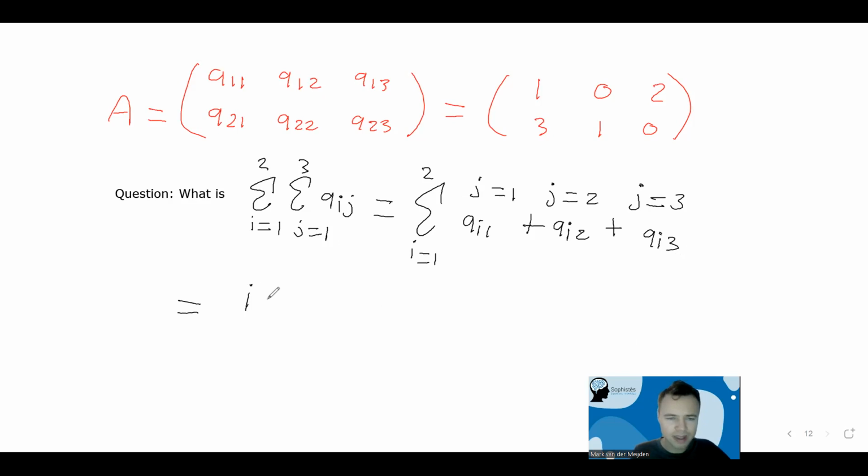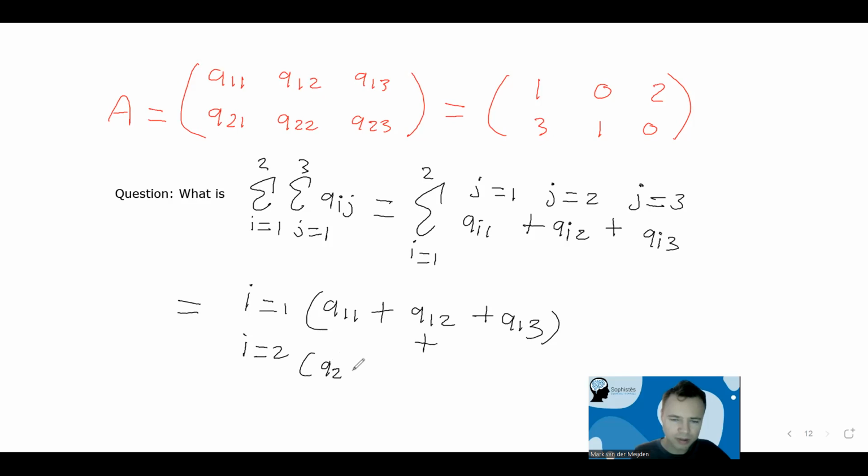So I get I is 1 plus I is 2, right? A11 plus A12 plus A13. And then this thing plus A21 plus A22 plus A23.